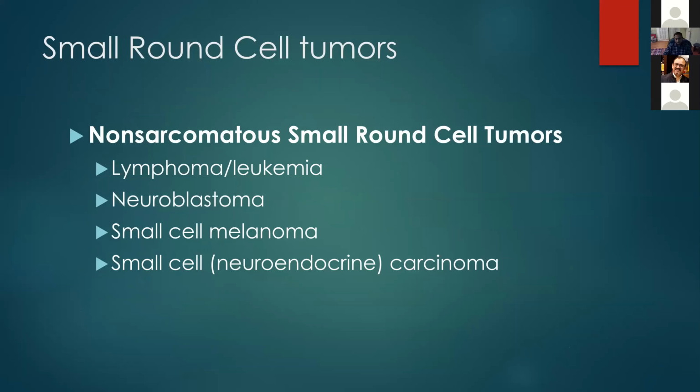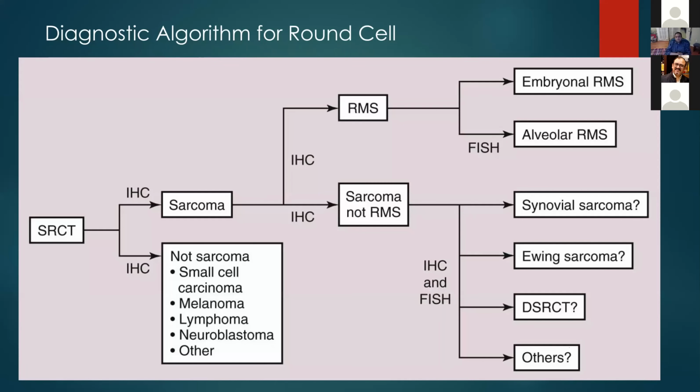Small cell lung carcinoma, one of the most common malignancies in the world, especially in people who are vulnerable to it, such as smokers. Okay, so this is probably one of the most important slides, and by the way, this information is all available clearly on the net. Not much of it is mine. I just cobbled it all together.